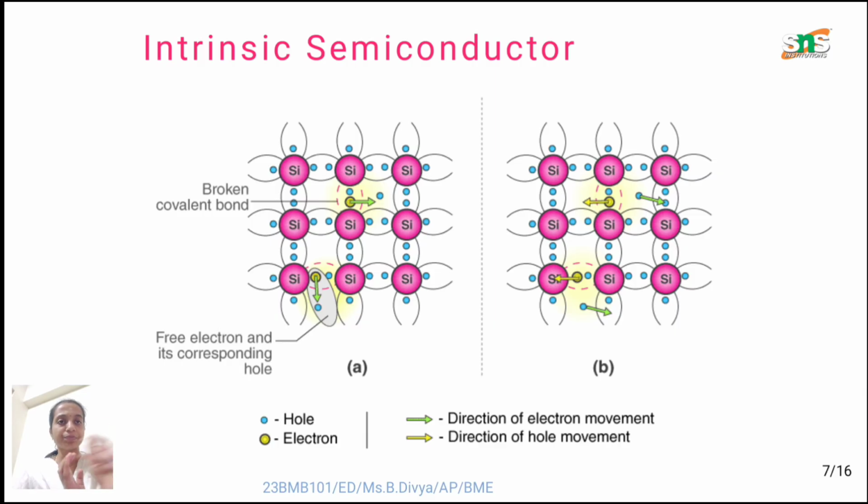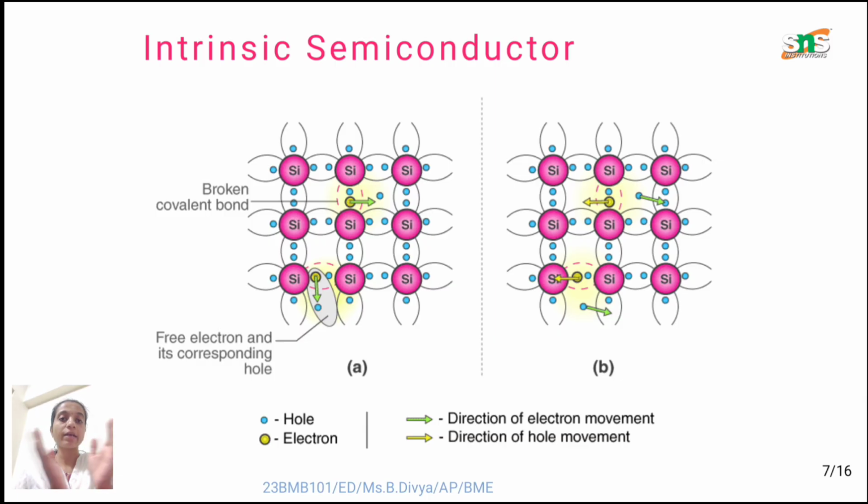One silicon atom is surrounded by 4 holes, and we have electrons in it also. We have an equal number of electrons and holes, which together form an intrinsic semiconductor, as we told already. We have 4 holes and 4 electrons surrounded along with the silicon material.